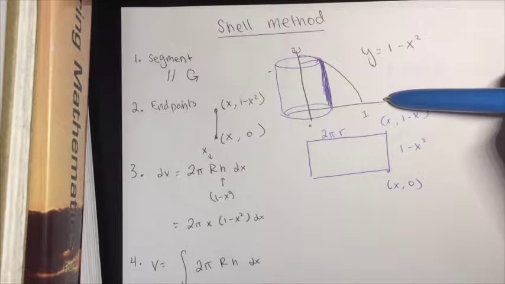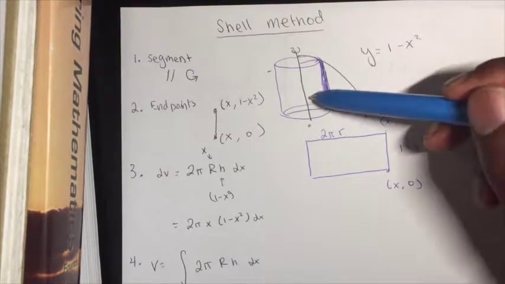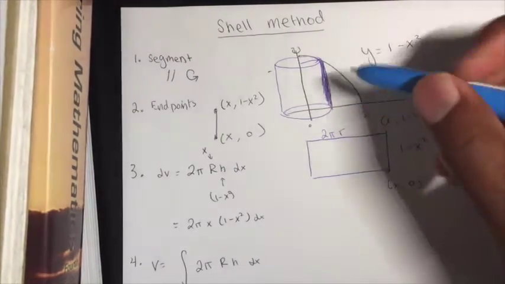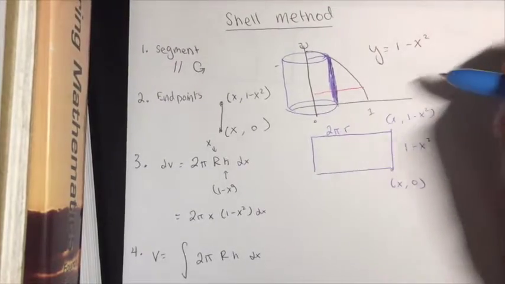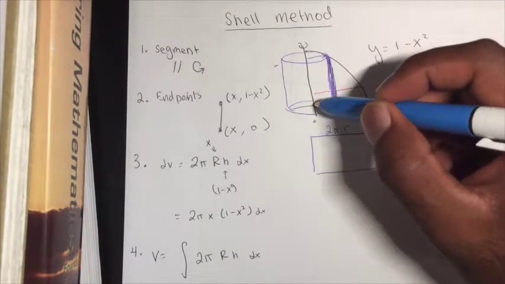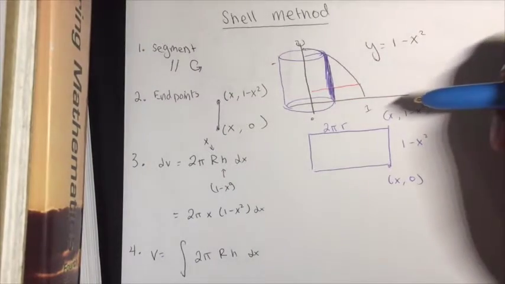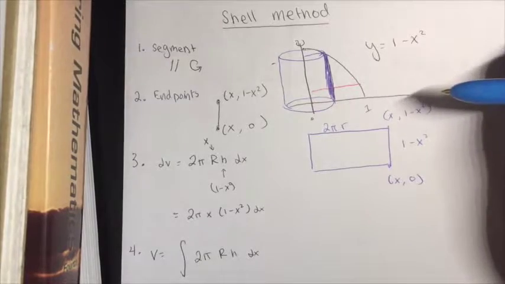If we were rotating around the x-axis and had a segment like this going across, which would be parallel, we would have to go from y, 0 to 1 or 1 to 0, whichever way, and then everything would be in terms of y.